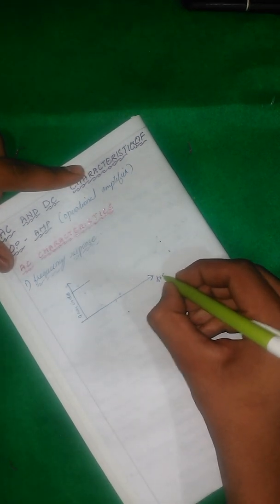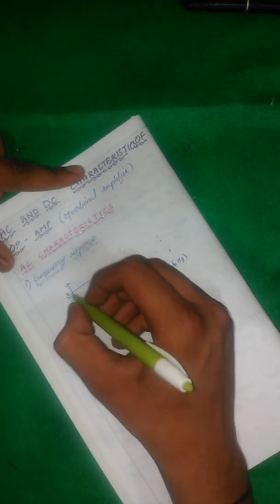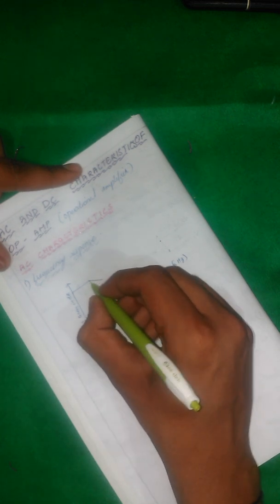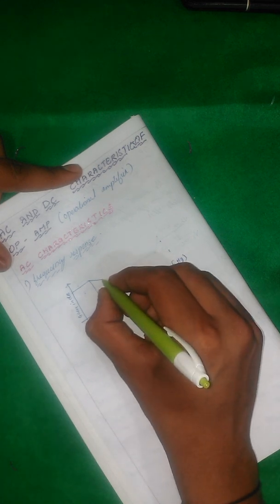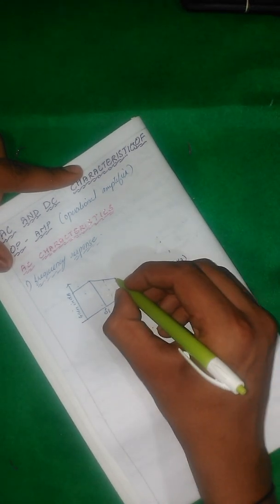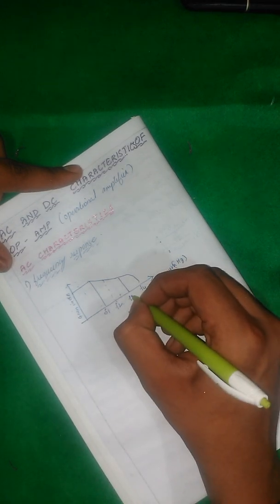We can write it as frequency in hertz, and you can feel a sudden drop here, F1, and then again a drop here, F2, F3, and F4.